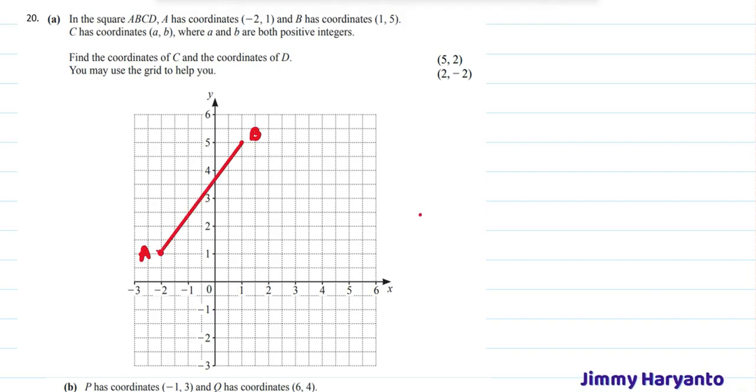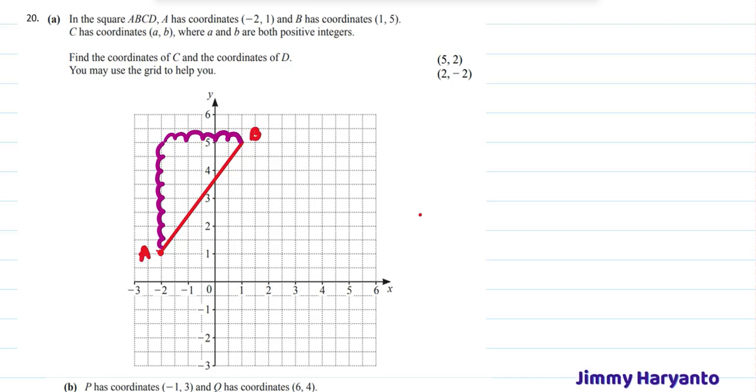Okay, next is question 20. I already drew the points A and B. We only have to find C and D to make it into a square. 1, 2, 3, 4, 5, 6, 7, 8. 1, 2, 3, 4, 5, 6. Okay, so we'll use this connection between the sides of a square.